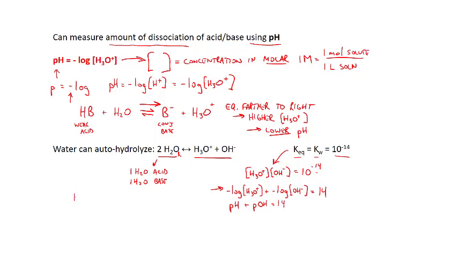So what this means is that if your OH- concentration goes up, your H3O+ concentration must go down, and vice versa. This is handy because if you know the pH, you know the concentration of both H3O+ and the concentration of OH-.